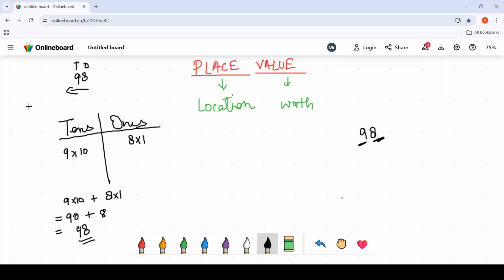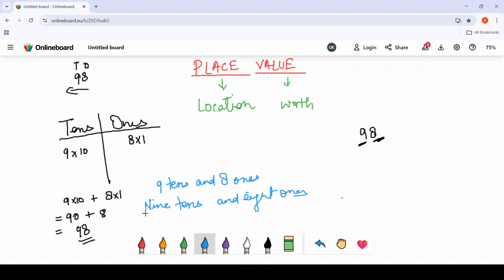So how do we say this? 9 tens and 8 ones. I've written it like this so that you can understand it more clearly. Otherwise, the correct way would be to write it completely in words: 9 tens and 8 ones.